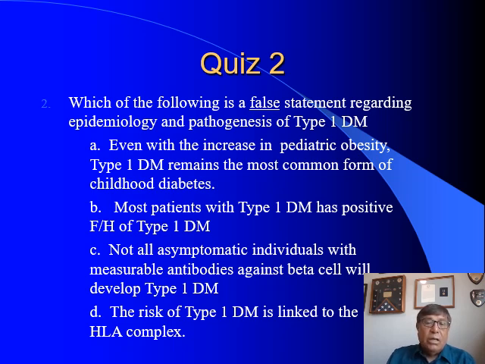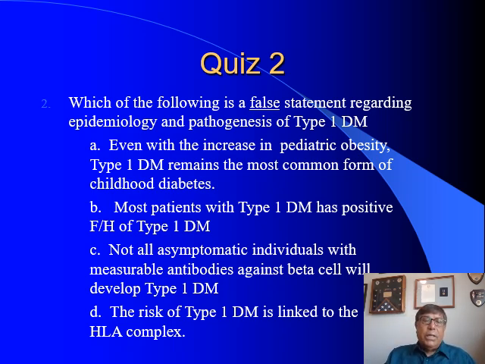The second one is that most patients with type 1 diabetes have a positive family history of type 1 diabetes. The next one is that not all asymptomatic individuals with measurable antibodies against beta cells will develop type 1 diabetes. And the last one is that the risk factor of type 1 diabetes is linked with the HLA system. So which one is the false?